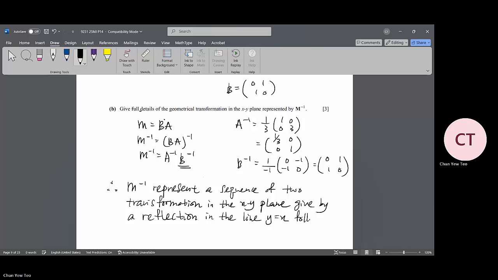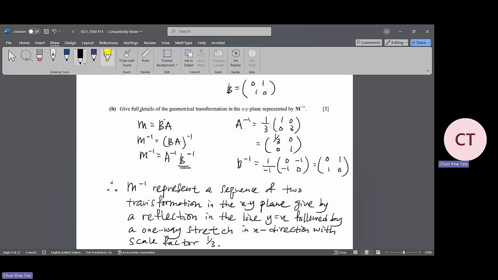followed by A inverse. A inverse is actually a one-way stretch parallel to the axis in the x direction with scale factor 1 over 3.